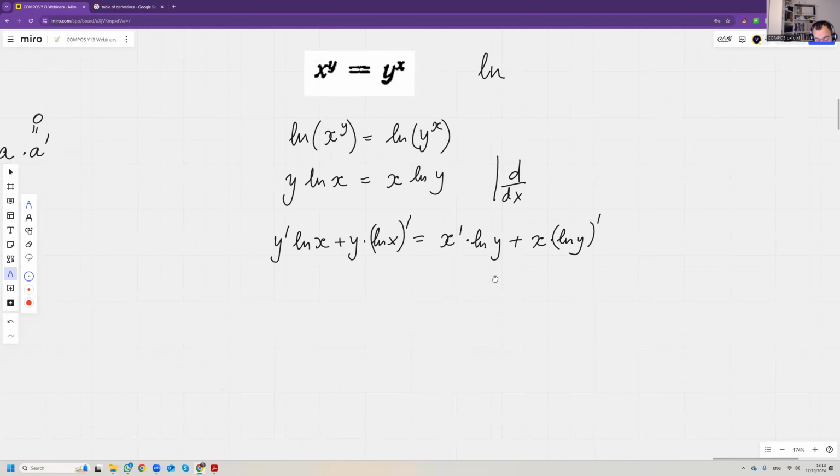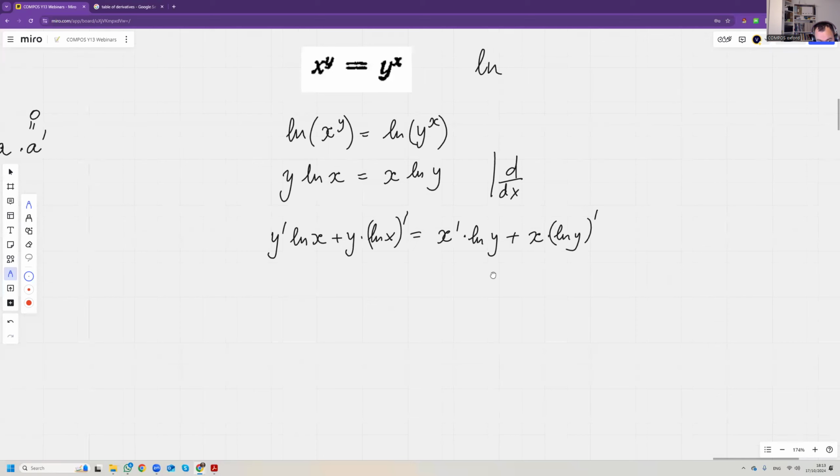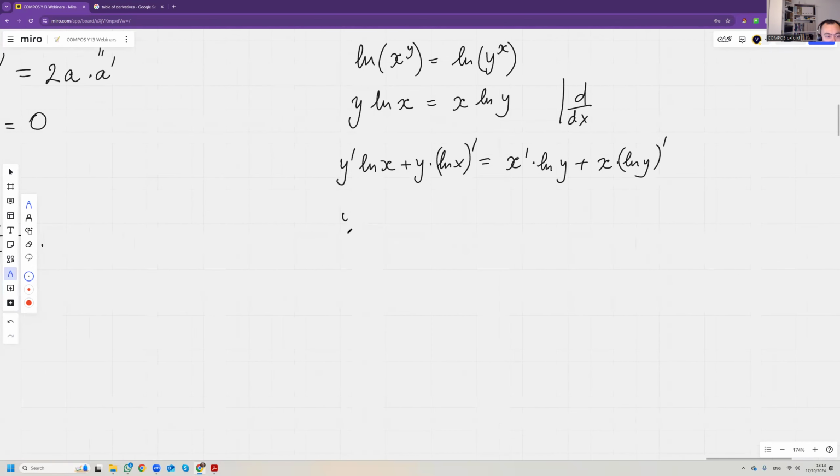Ln x prime, so that's going to be 1 over x. So y prime ln x plus y multiplied by 1 over x equals, that's 1, so it's just ln y plus x multiplied by ln y. So the derivative of ln y, that's 1 over y multiplied by y prime.